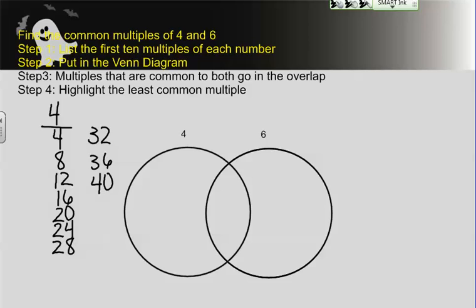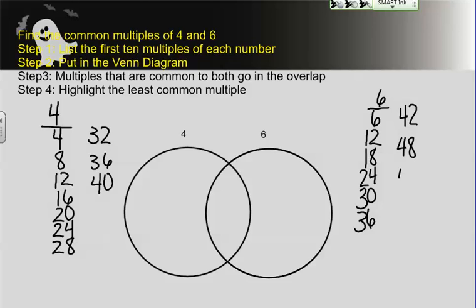We're going to do all the multiples of 6 up until 6 times 10. So we're going to do 6 times 1, 6 times 2, 6 times 3, 6 times 4, 6 times 5, 6 times 6, 6 times 7, 6 times 8, 6 times 9, and 6 times 10.